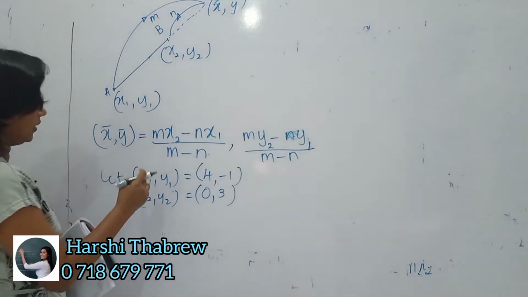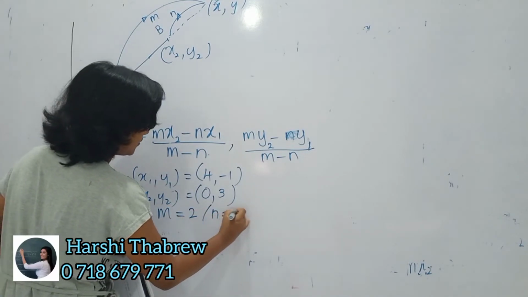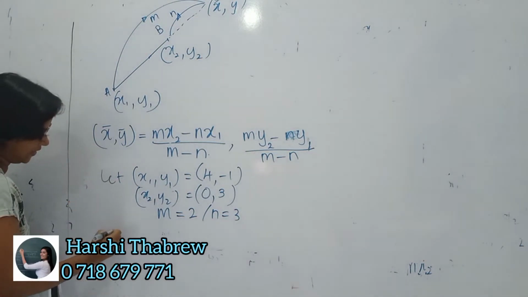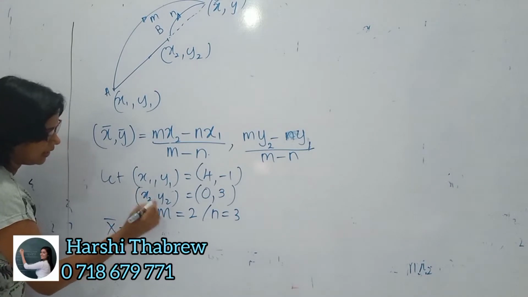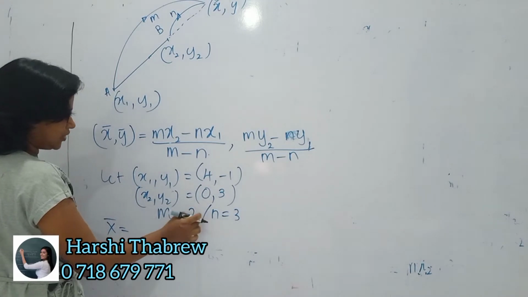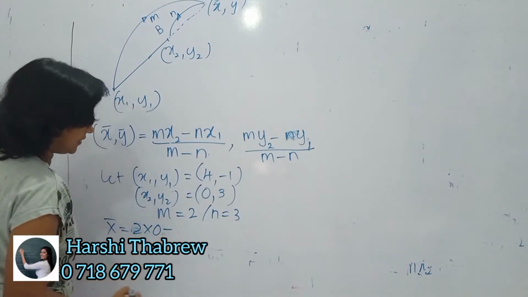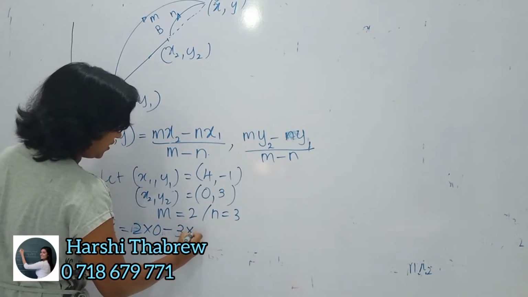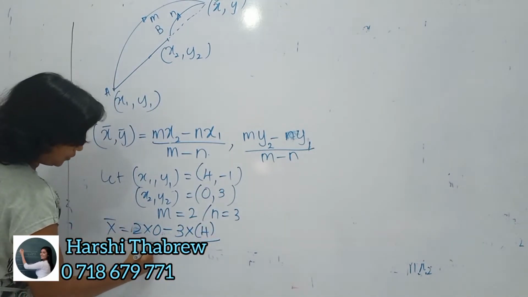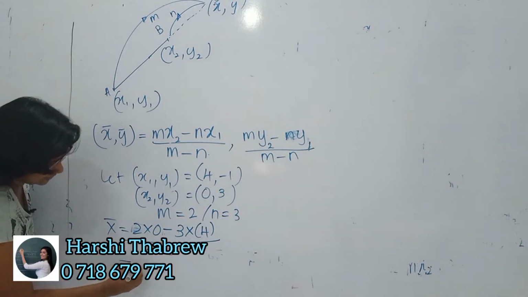So, 2 to 3, m equals 2 and n equals 3. Then you have to assign values. X bar equals mx2 minus nx1 over m minus n, so 2 into 0 minus 3 into 4 over 2 minus 3.